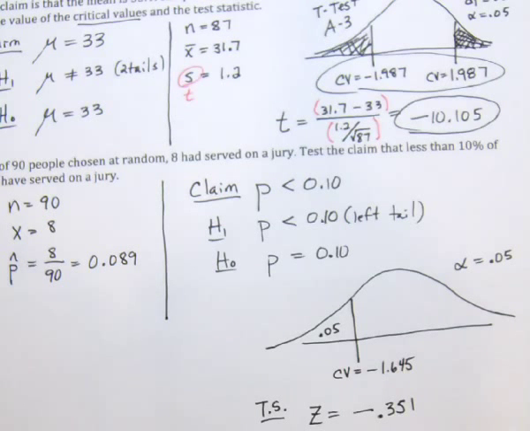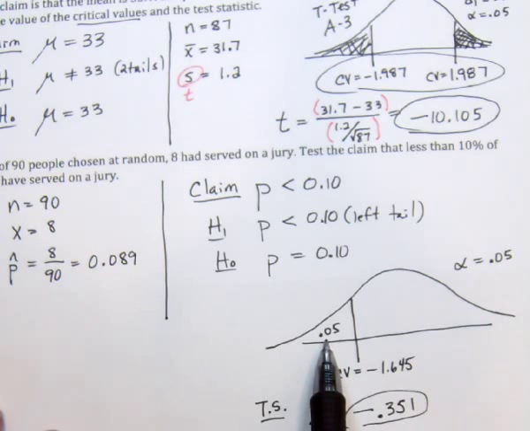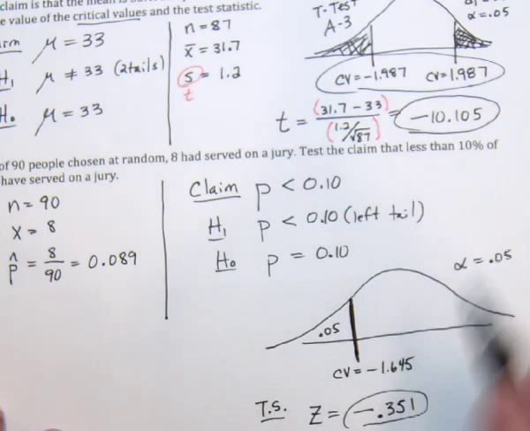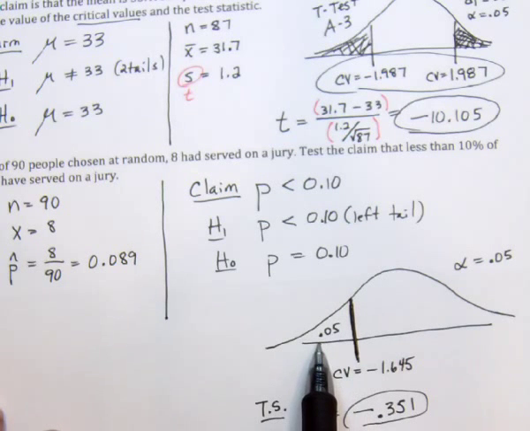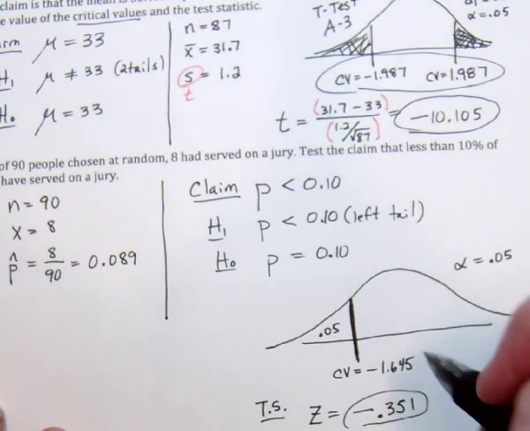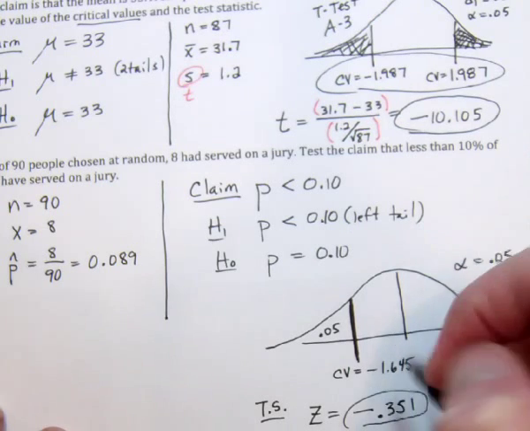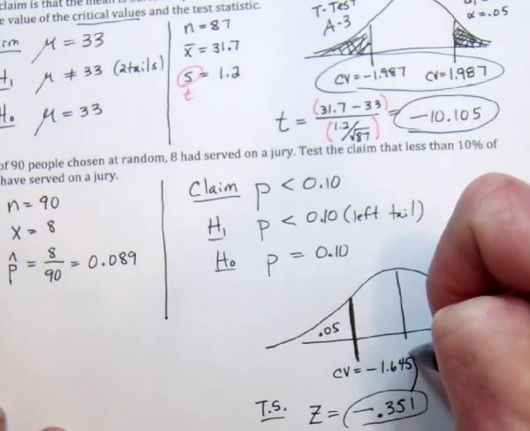And then the question is, does this number right here land in the critical region? In other words, here is this line in the sand that says if it goes past that, then I've actually proved something. But if it doesn't go past that, I don't really have enough evidence to prove anything. Well, negative 0.351, so 0 would be in the middle. Negative 3.51 would land about here.